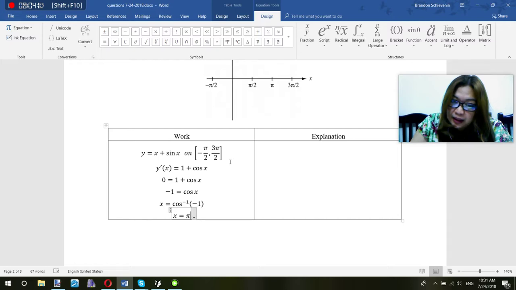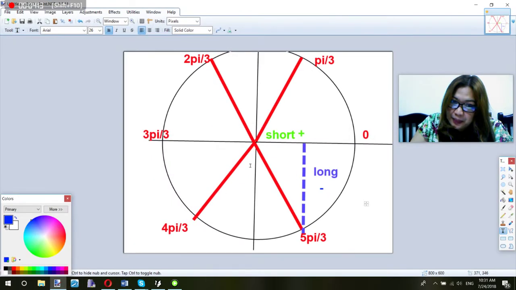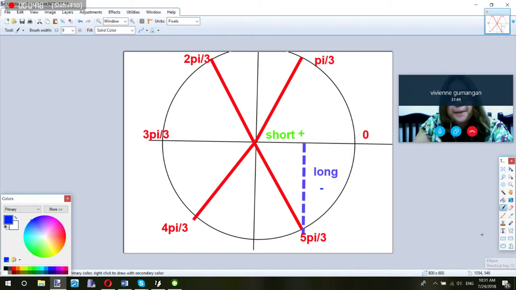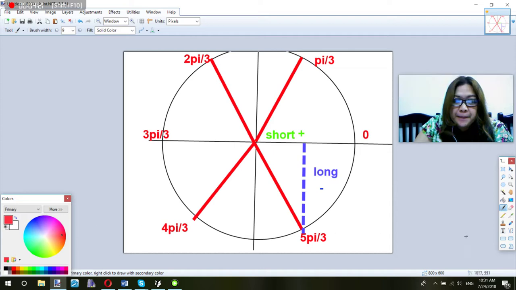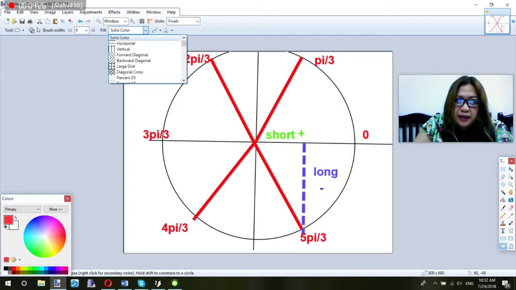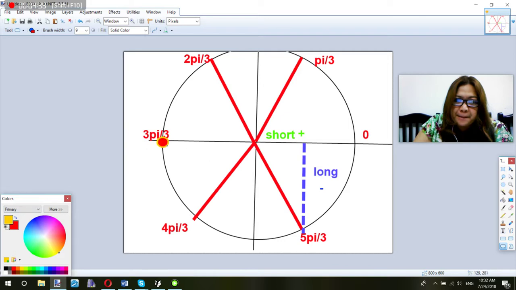Right, so let me do this graphically. So far you've got pi, which is right here. And then we've got bounds for the interval.